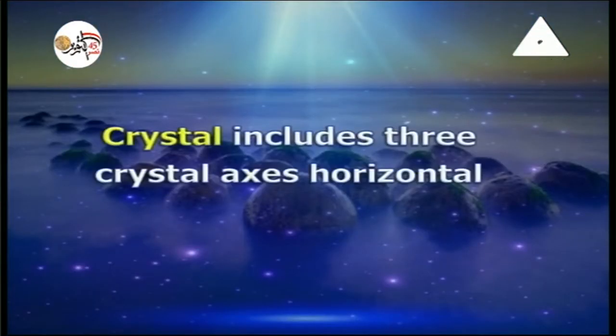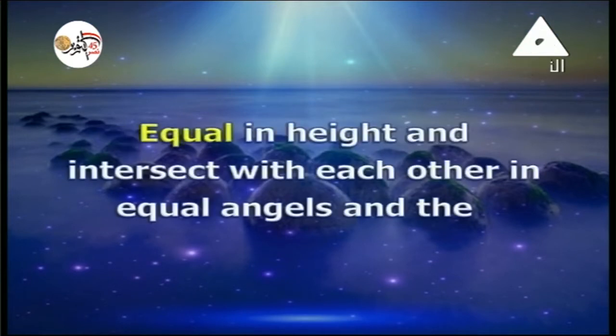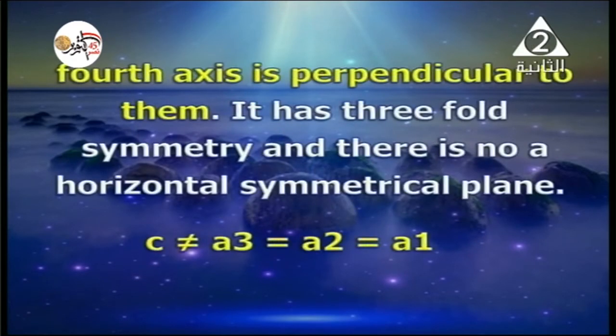Trigonal system. Crystal includes three crystal axes, horizontal, equal in length, and intersect with each other at equal angles, and the fourth one, which is the vertical axis, is perpendicular to these axes.